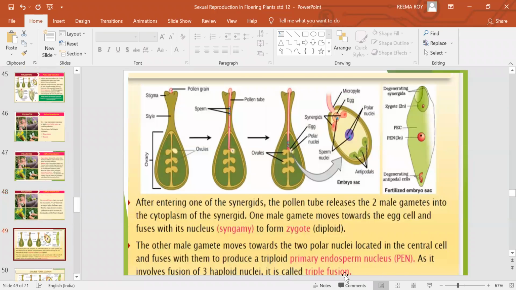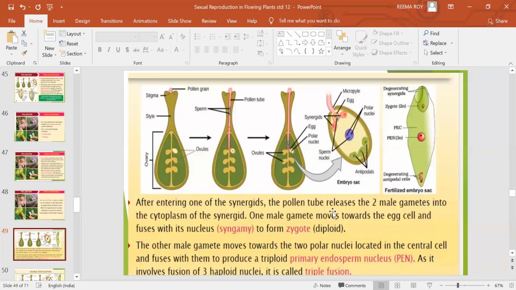Primary endosperm nucleus. So this will form triple fusion. The zygote is diploid, and this is triple fusion, PEN. Understood?